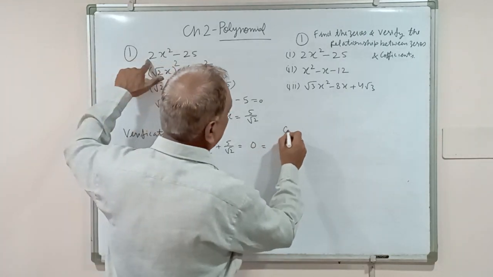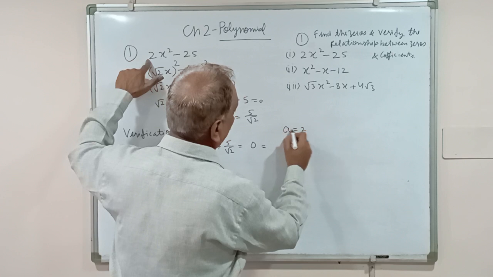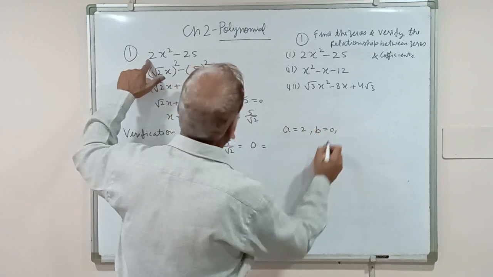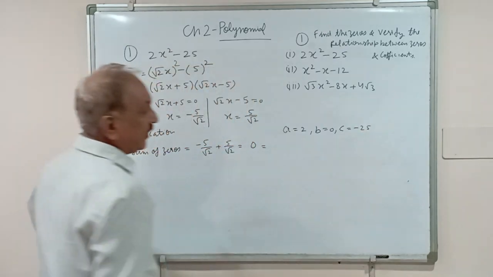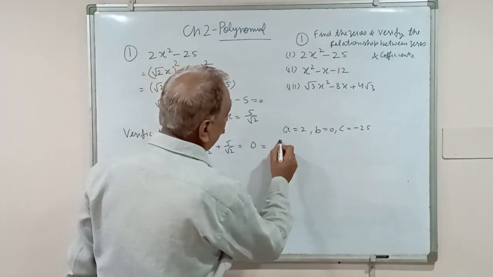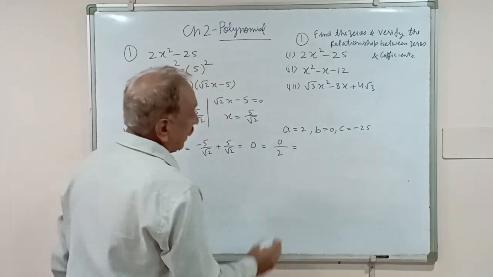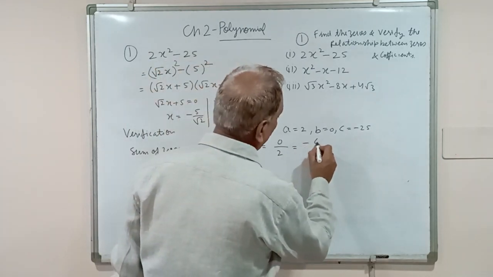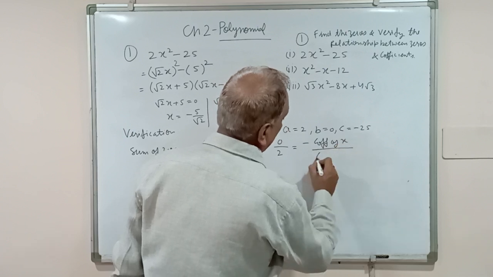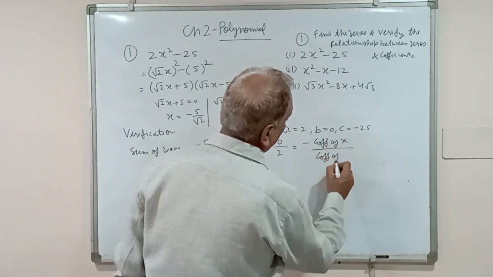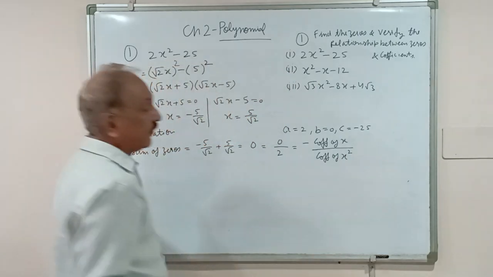A is 2, B is 0, X term is not there, and C is minus 25. This is minus B upon A. B is 0 upon A is 2, minus coefficient of x upon coefficient of x square.